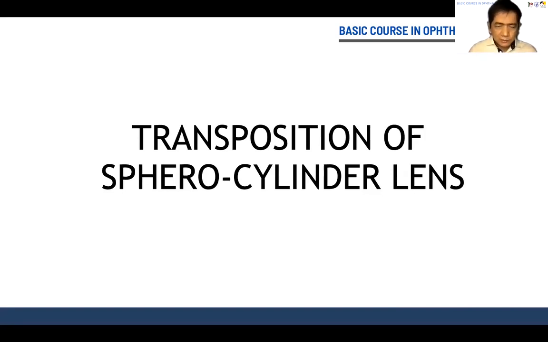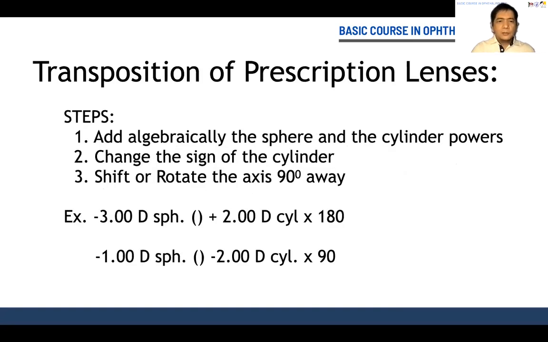While in most of the countries in Asia, and also here in the Philippines, prescription glasses are in a minus cylinder form. Whether plus or minus cylinder form, they serve the same function. They correct the same errors of refraction. However, you just have to do transposition of the spherocylinder lens.